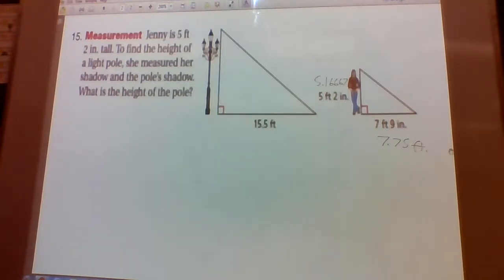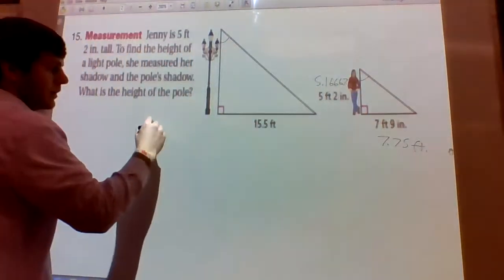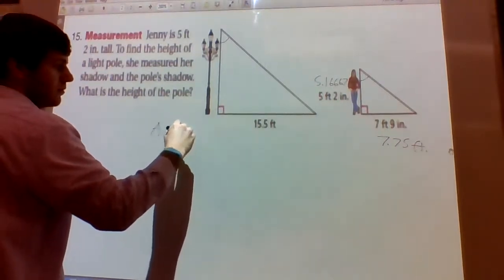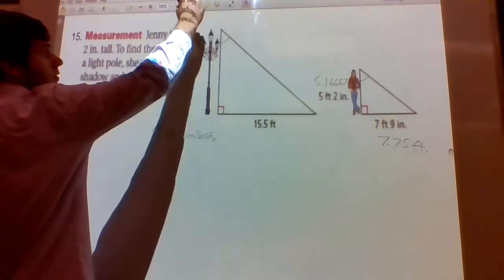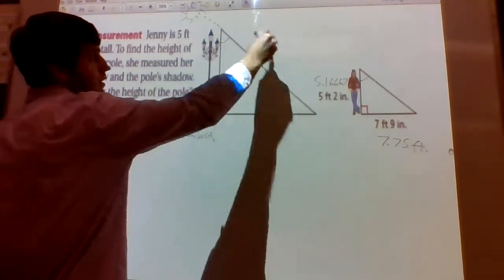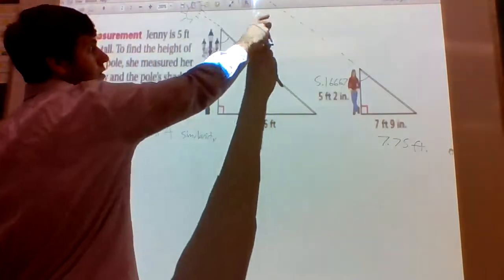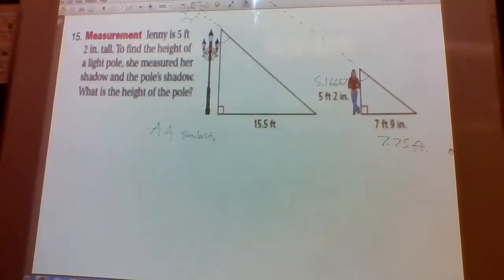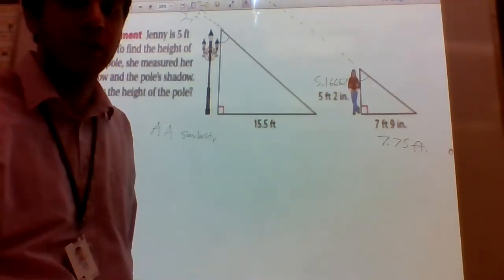So the shadow coming from the sun is going to be the same. We're going to have, again, angle similarity. You have sunshine up here, and it's coming down, and we have a shadow. The sun is so far away that the angle is essentially the same.